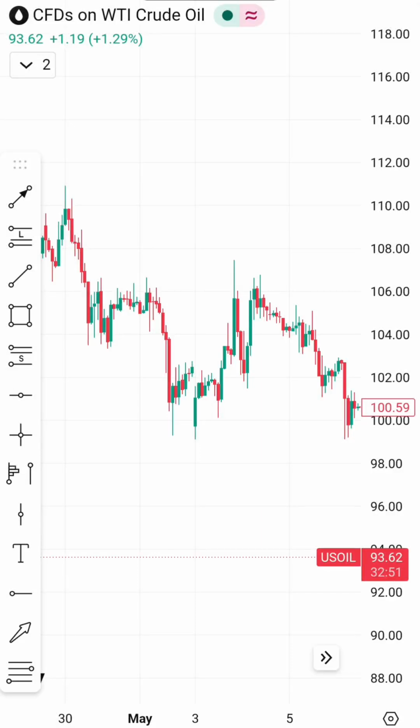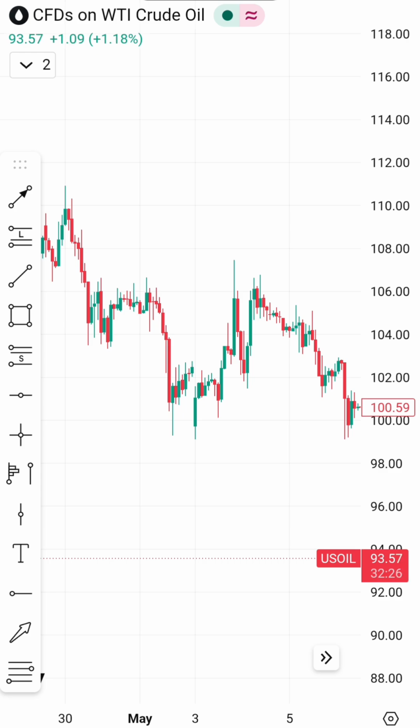If you cannot understand market structure, if you cannot understand how to mark your higher highs, higher lows, identifying the trend of the market, you will continue being the liquidity in this trading thing.